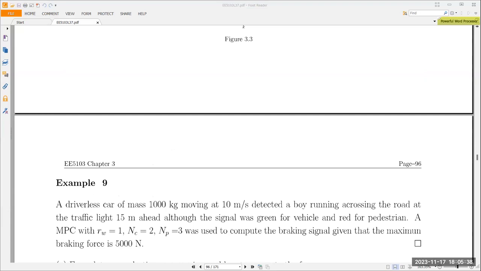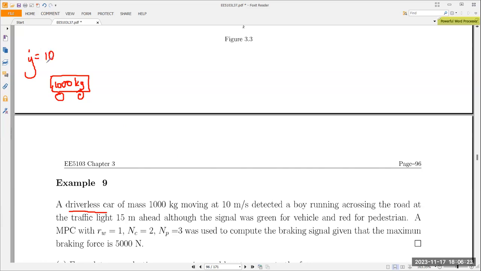The car is 1000 kg, moving at a speed of 10 meters per second, so y dot is equal to 10.